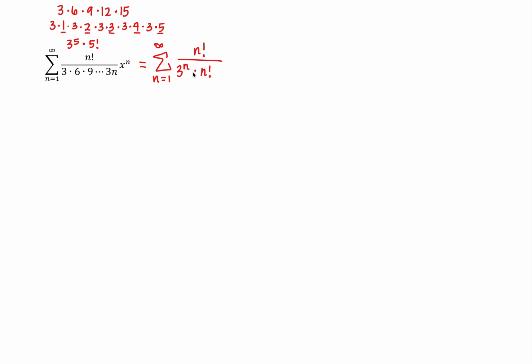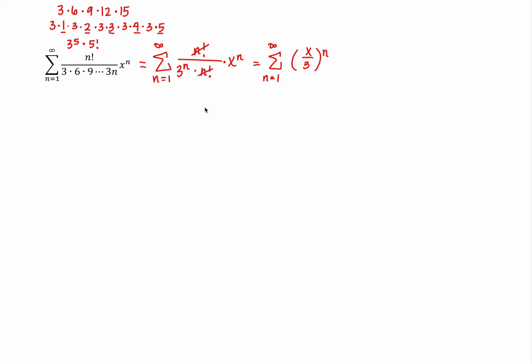So here we're just generalizing that. Conveniently, the n factorials are going to cancel, and this is multiplied by x to the n. So we could rewrite this as just x over 3 to the nth power. And that's going to make it a lot easier to work with.